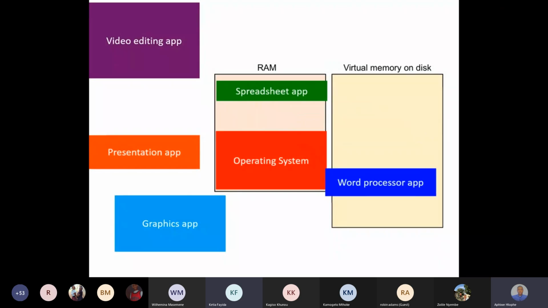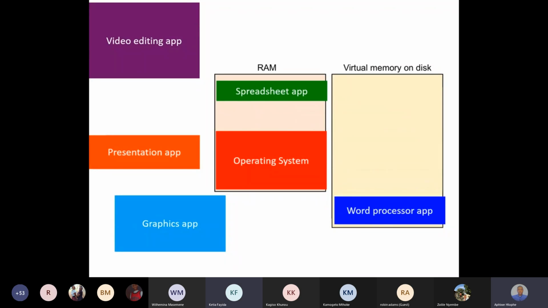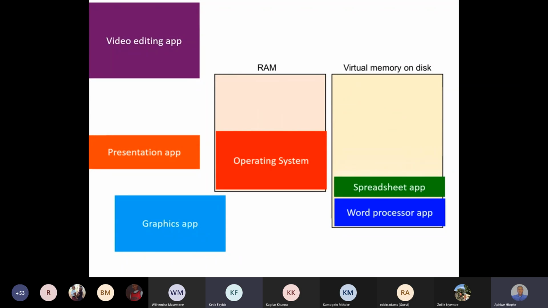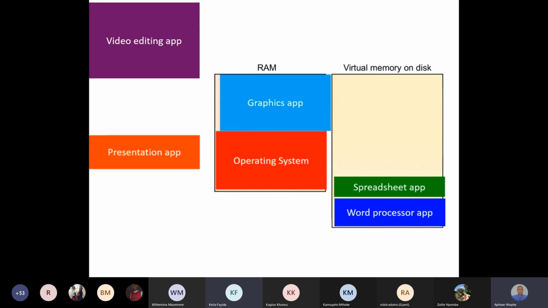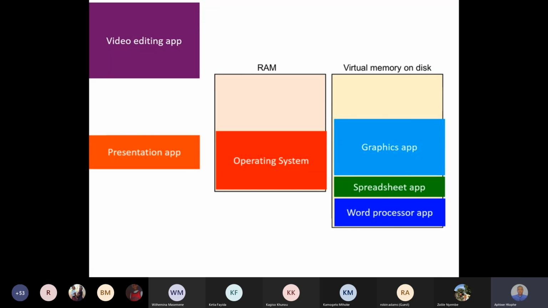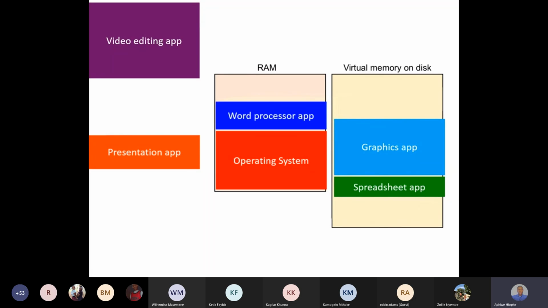So, for example, we could move our word processing app and our spreadsheet app out onto the hard disk, and then we'll have space for our graphics application in memory. Now, of course, in a multitasking operating system, you would want to switch between the word processor and the graphics application. Therefore, when the instructions for the graphics application are not being executed, that can be transferred out onto the virtual memory, and our word processing app can come back into the RAM in order to process the next instructions.